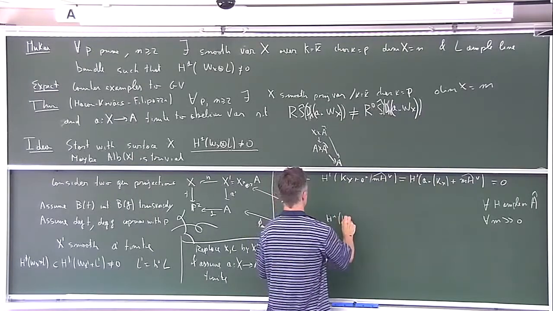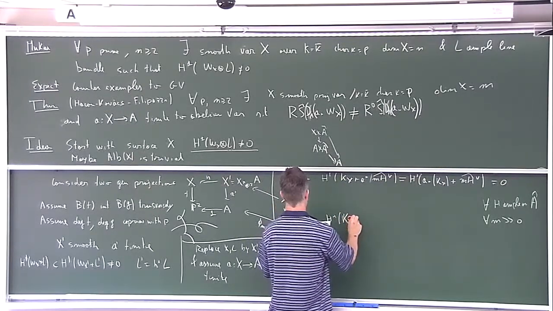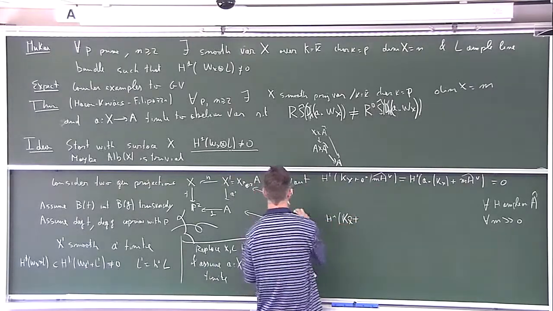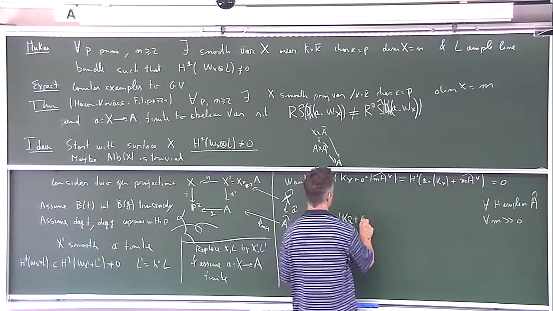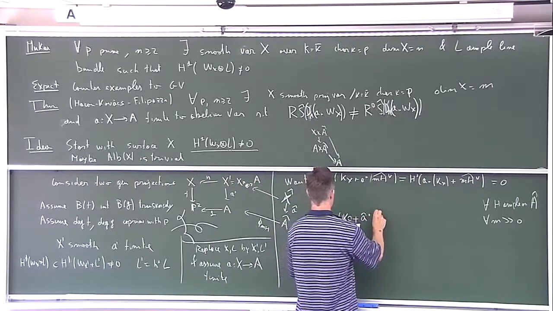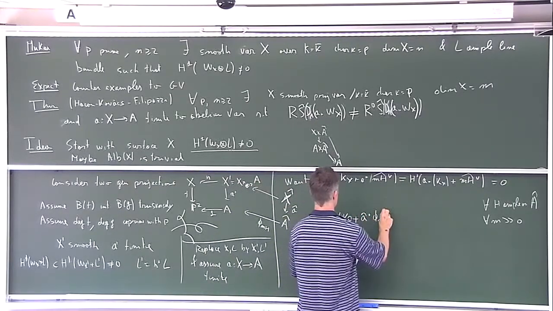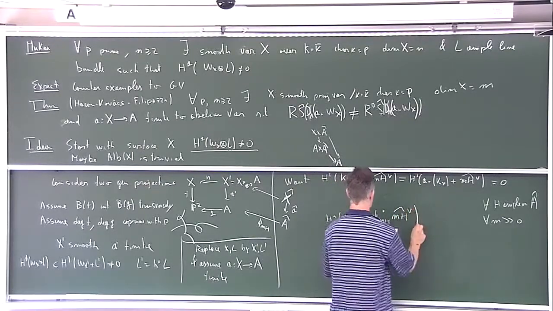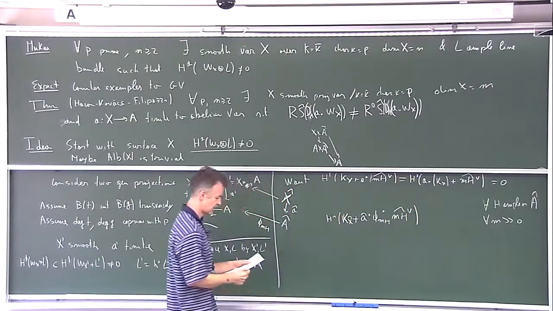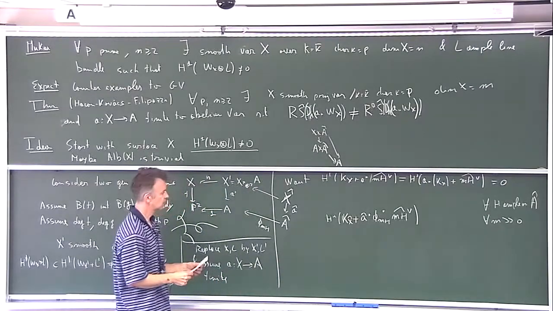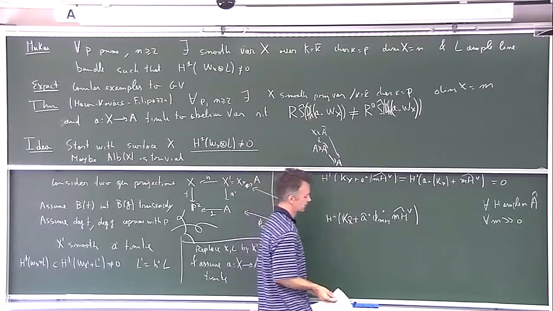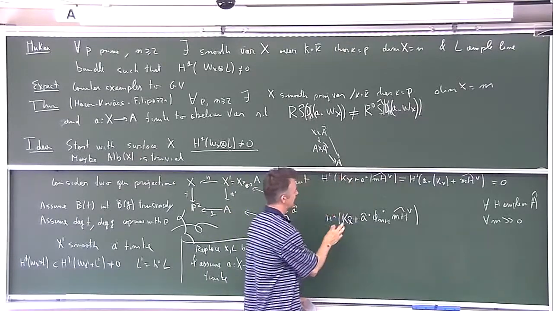H^i of K_{X hat} plus this A hat alpha star B_{M_H} alpha star M_H hat dual. So I'm going to be slightly cavalier here.